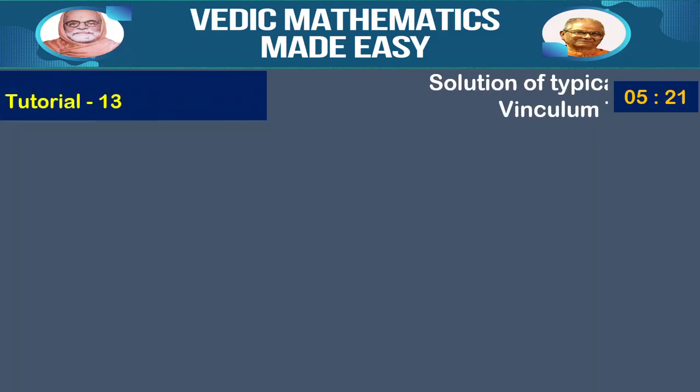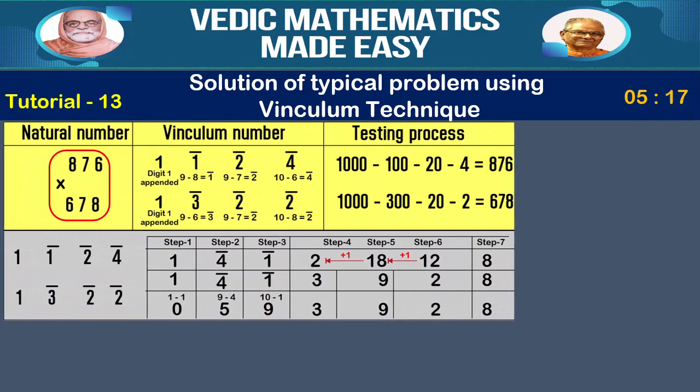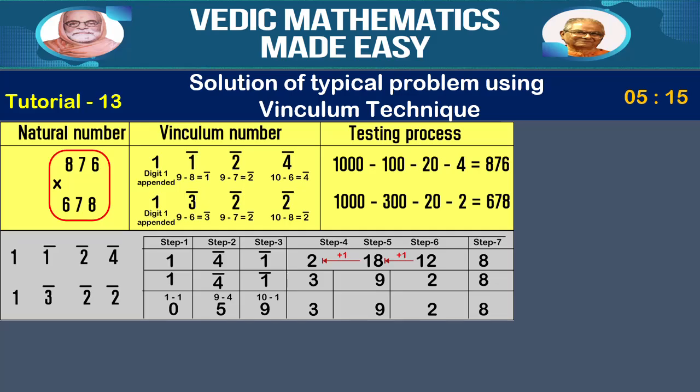Friends, now let us multiply 876 into 678 by using Vinculum technique. The given numbers are 3-digit numbers. Hence, you may feel that we can solve without vinculum technique. Yes, friends, you can.